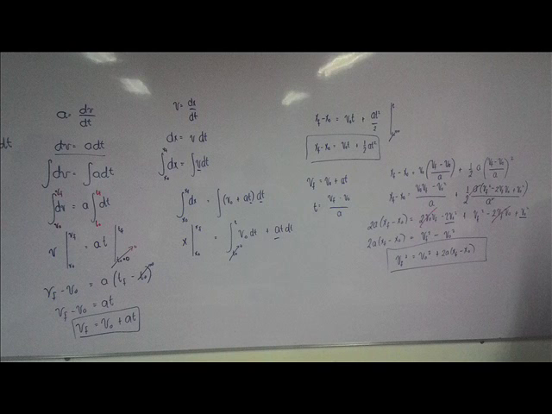So for example, we have dt is equal to dx over v. The other one is dt is equal to dv over a. I can now equate them. So equating them, we'll now have dx over v is equal to dv over a. Transposing, we'll now have a dx is equal to v dv.